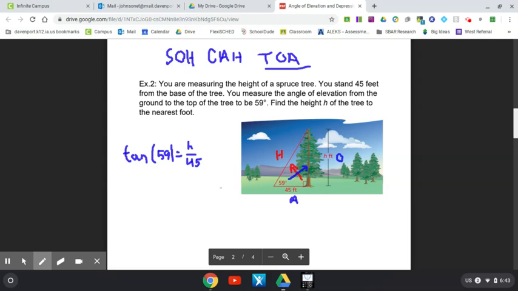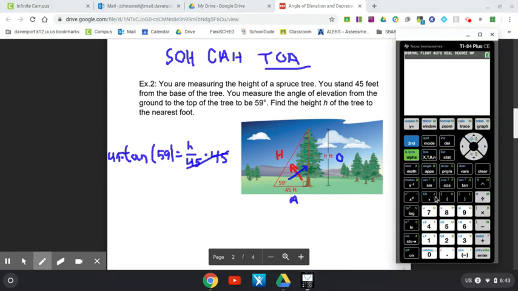Now we need to get h by itself, so multiply both sides by 45. And by doing that, h is now by itself, so we can go over to our calculator and type it in. So 45 times tangent of 59 is 74.89.